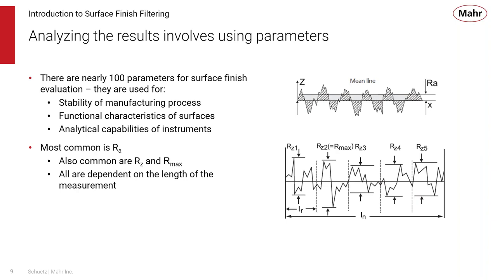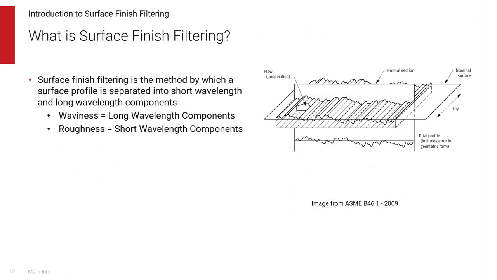But in today's world, Ra is the most common, and in the rest of the world, there's also Rz and Rmax. Between those three parameters, 95% of the parameters are probably covered. And they're all dependent on the length of the measuring process.